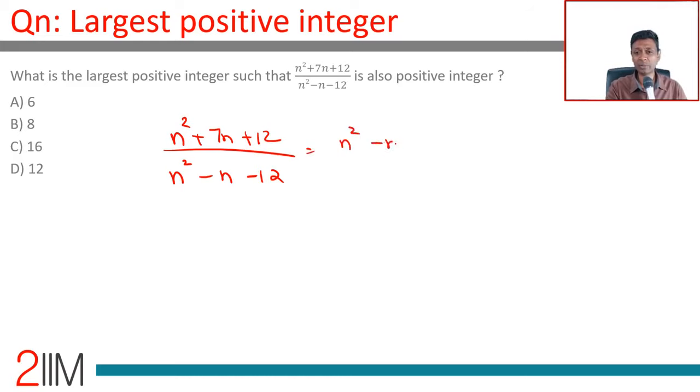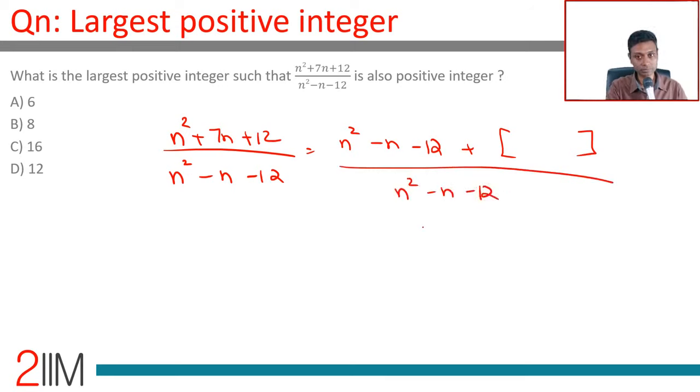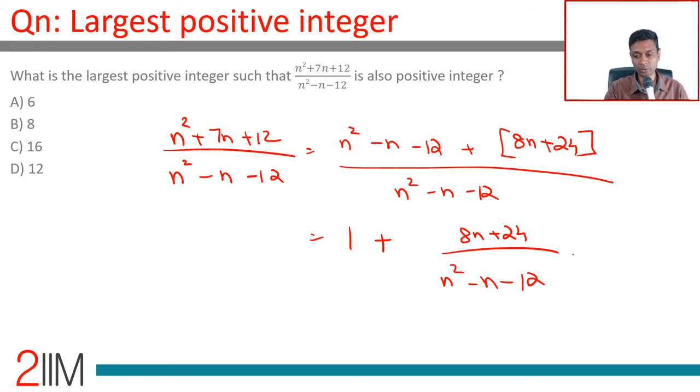Call this as n square minus n minus 12 plus some adjustment term, divided by n square minus n minus 12. Brilliant. Now this works. What is the adjustment term? 8n, because minus n plus 8n is 7n, plus 24. So this becomes 1 plus (8n plus 24) by (n square minus n minus 12).